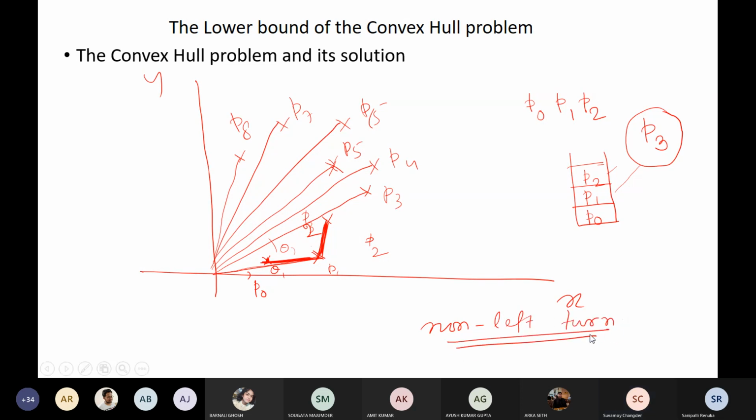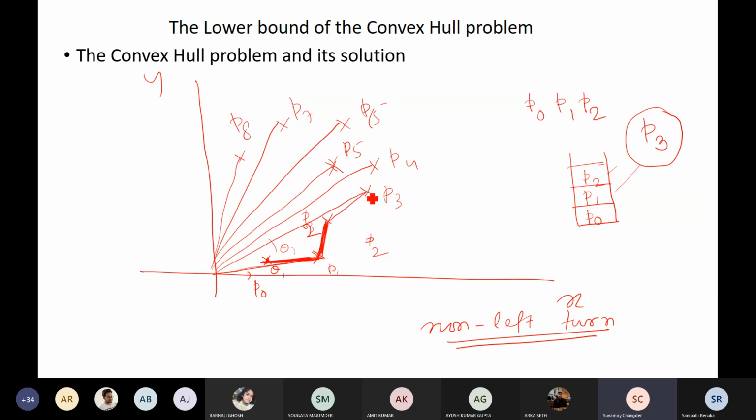Our target is to find whether it is creating a non-left turn. If a non-left turn is being created, then we will remove the topmost element and insert the new element. So here please check, P0, P1 and P2 are connected.